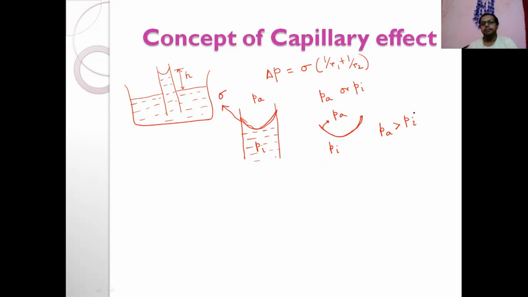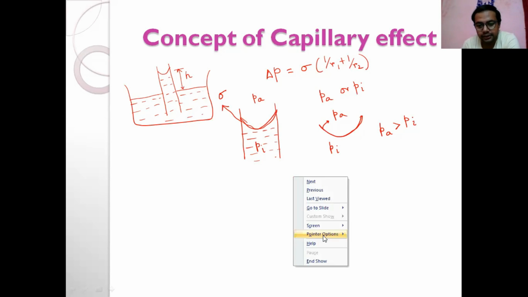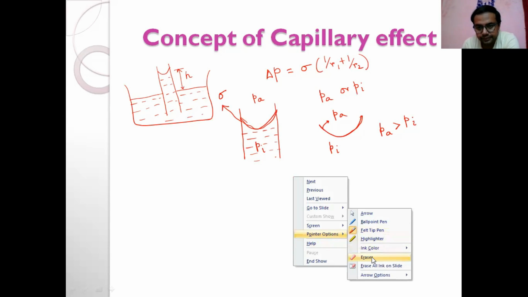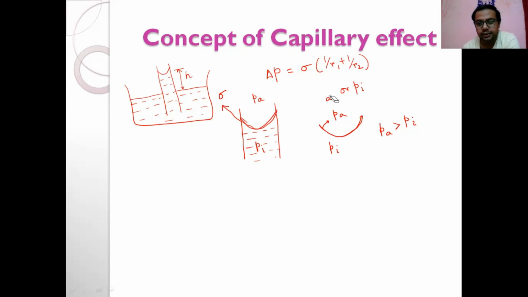I hope you understand why it is happening. As Pi is lower than Pa, as here is the lower pressure, that's why water is going up. That is another concept. Okay, we take it in this way, this portion, Pi and Pa.